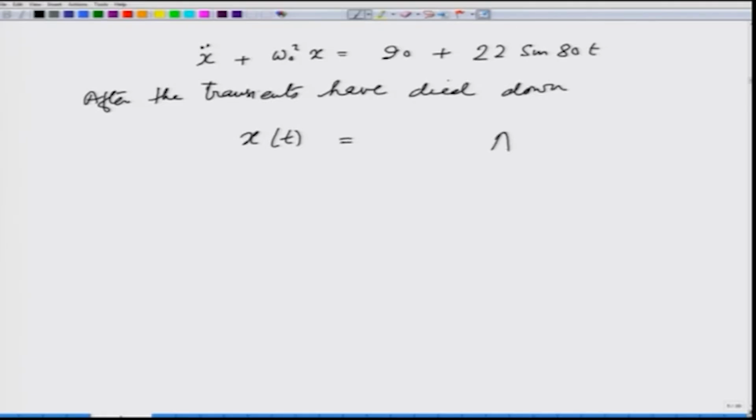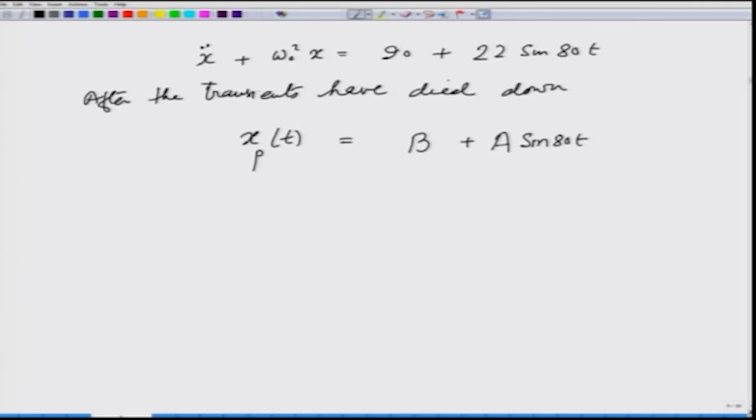So, it will have an amplitude A sine of 80t, and in addition it will have another coefficient B, and this I will call particular solution.